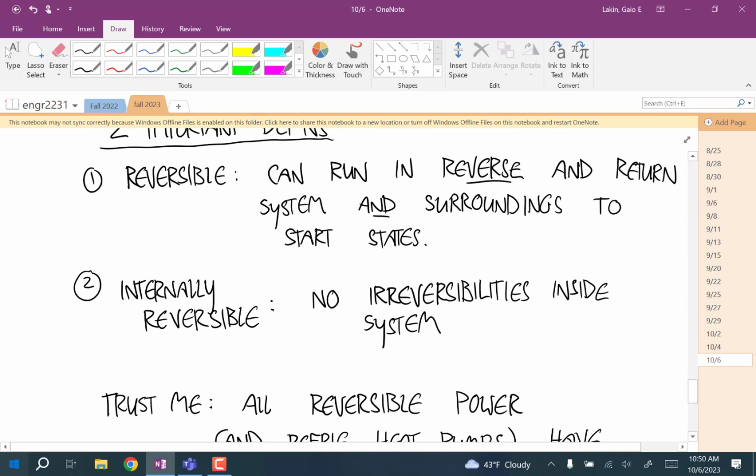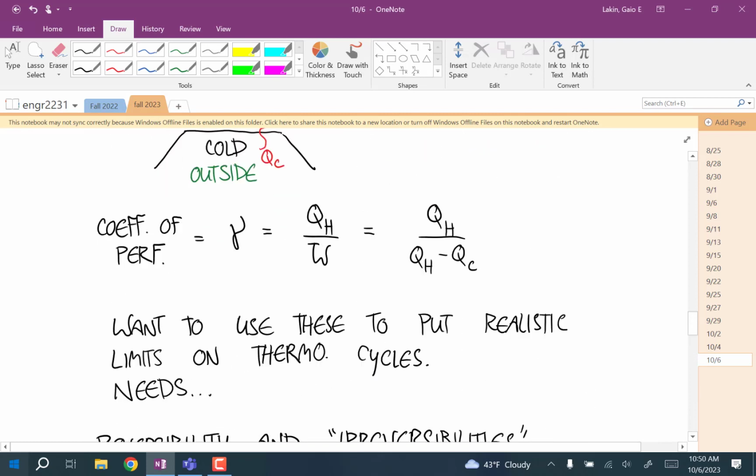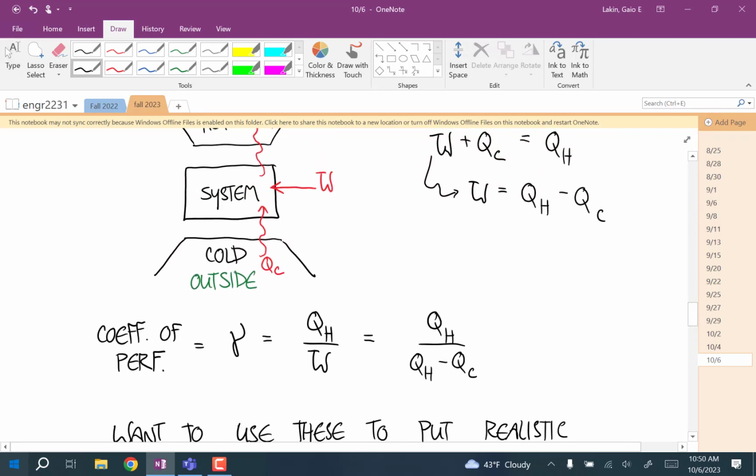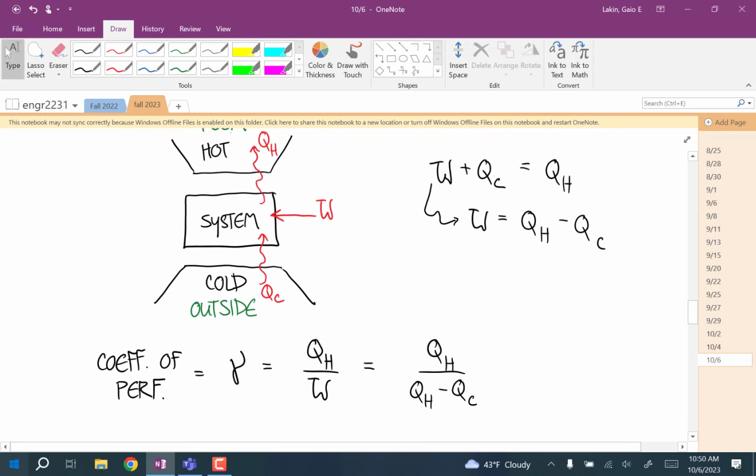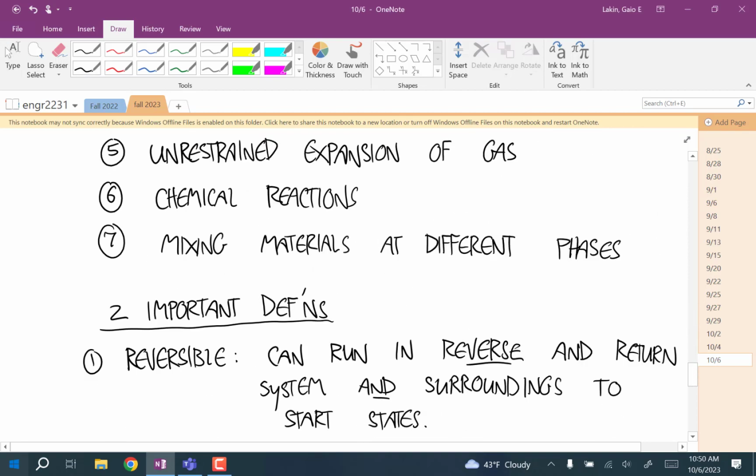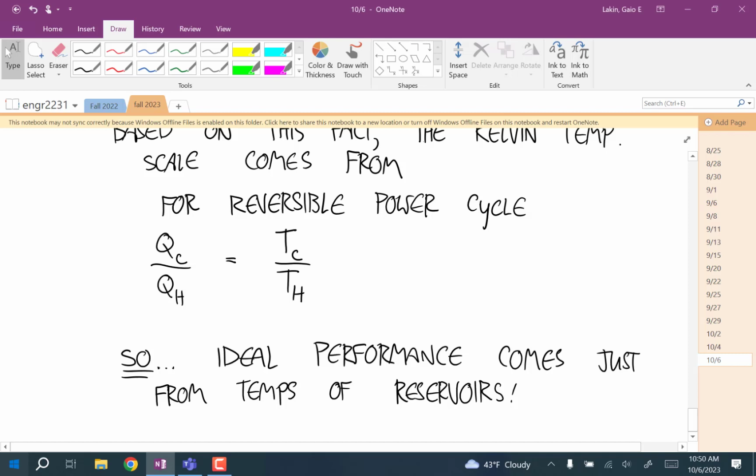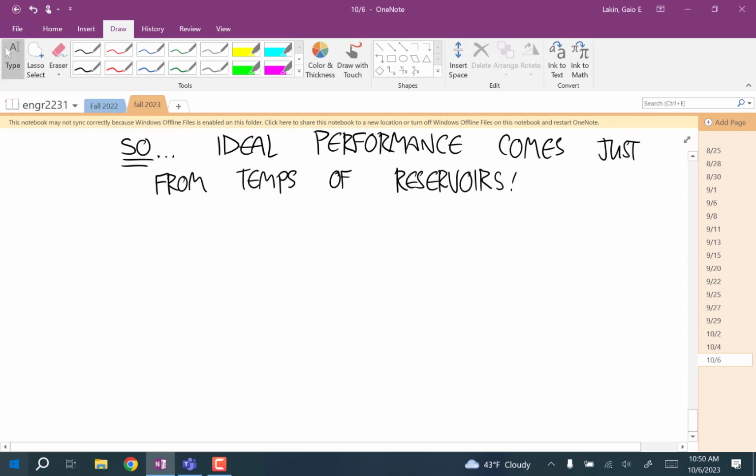Okay, so when I defined these performance coefficients, and I did it all in terms of the heats, the reason that we did that is because of this relationship. Now that we have those coefficients of performance expressed in terms of heats, we can re-express them in the ideal case in terms of those temperatures.